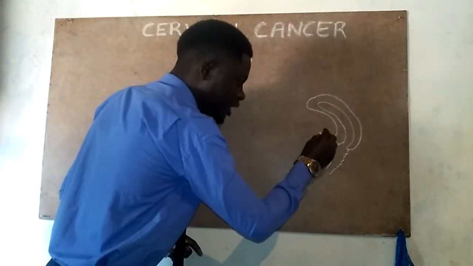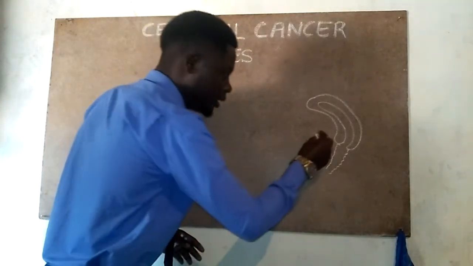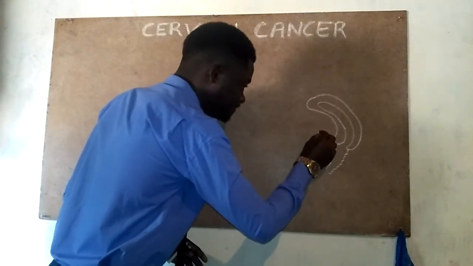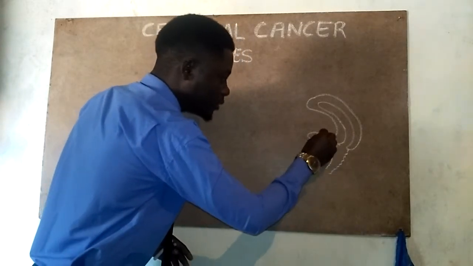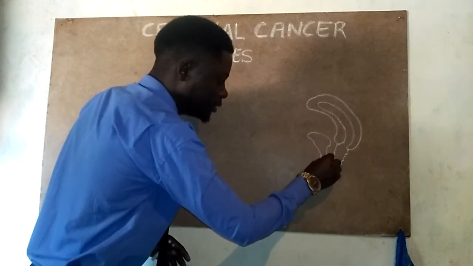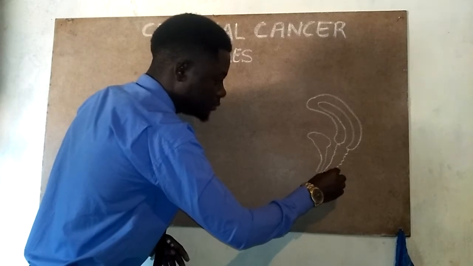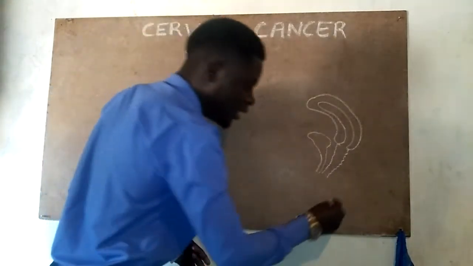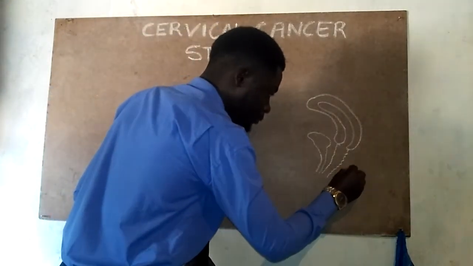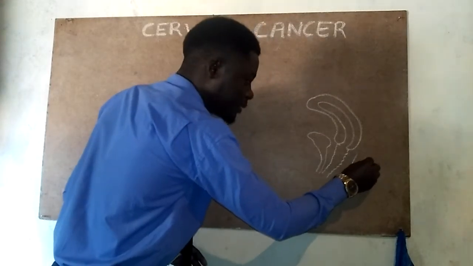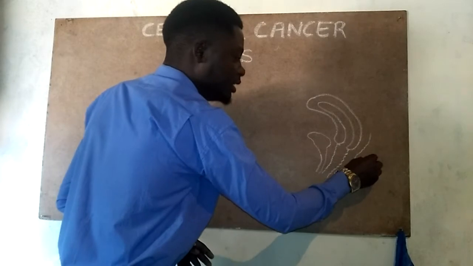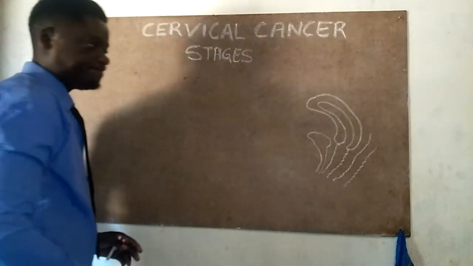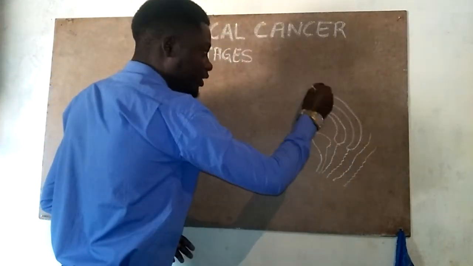And just on top of that, in front, we have the bladder, and we have the urethra also coming from the bladder. Behind that we have the rectum, that's the sphincter of muscles, of course the anus, and there we have the intestines.